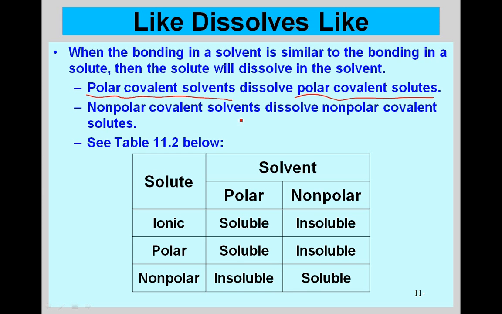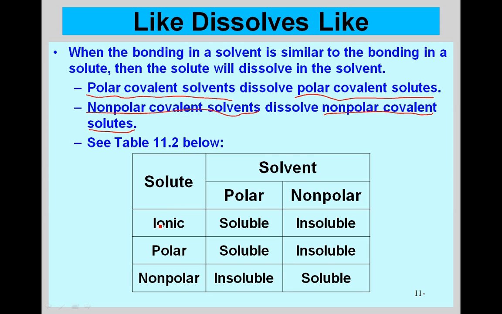If you have no clue what a nonpolar solvent would be, nonpolar would be like fats. So nonpolar covalent solvents dissolve nonpolar covalent solutes. Polar dissolves polar, and nonpolar dissolves nonpolar.